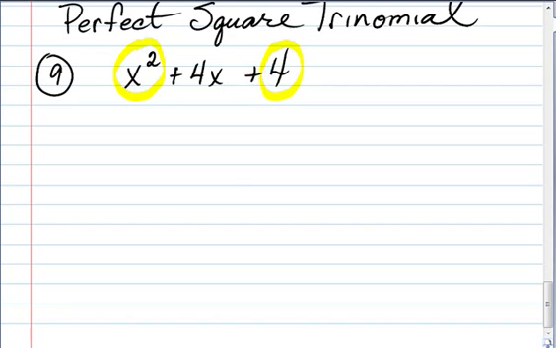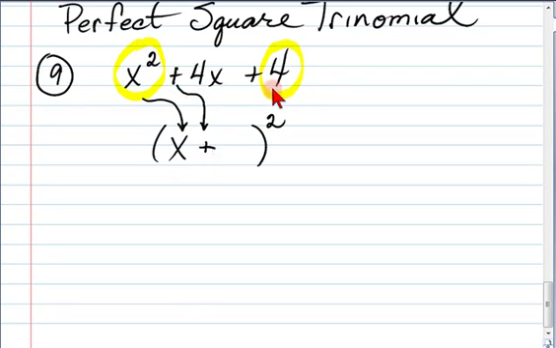Okay, now I'm going to take a chance and hope that it is. I've always got my eraser in case I'm wrong, and I'm going to write down that it is something squared. In the first spot goes the square root of that. What times itself gives you x squared? x times x. Always, always, the sign comes from the middle.